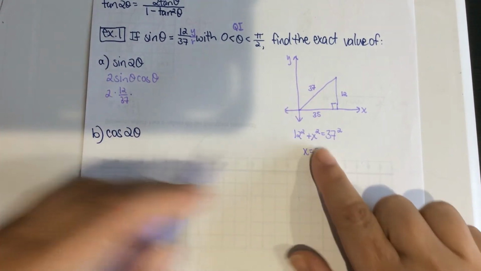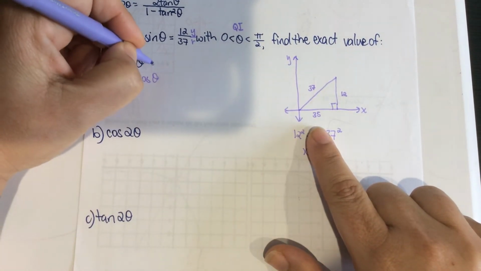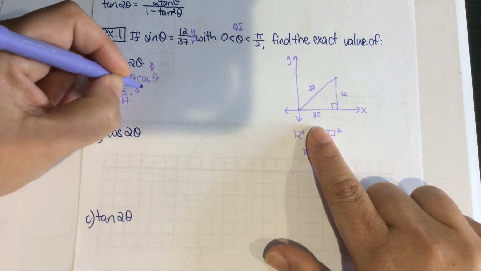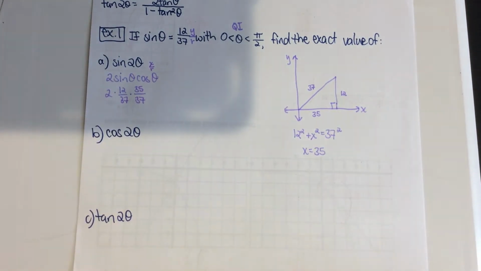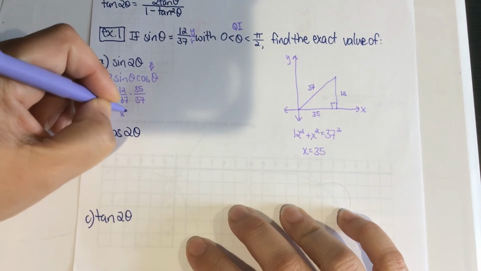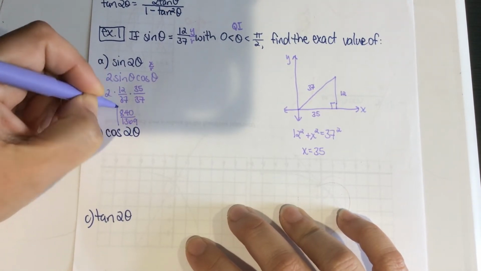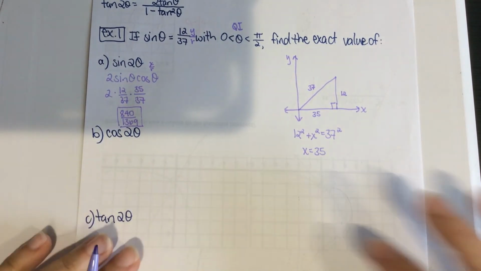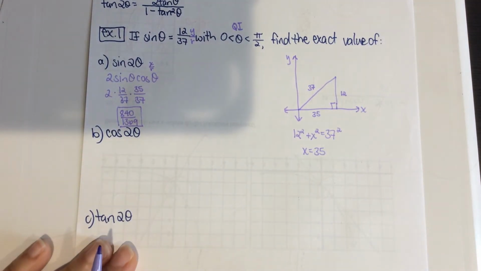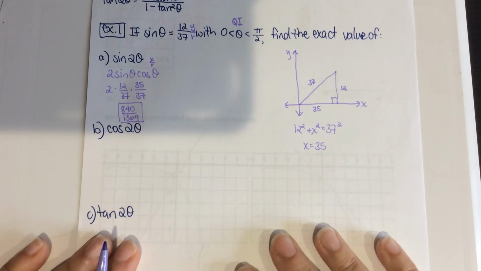And cosine we can get from the picture because it is x over r, so 35 over 37. And again, we're going to use a calculator for this to get the answer. The numbers on the homework are not all going to be big like this, but I just wanted to do one to show you, okay?